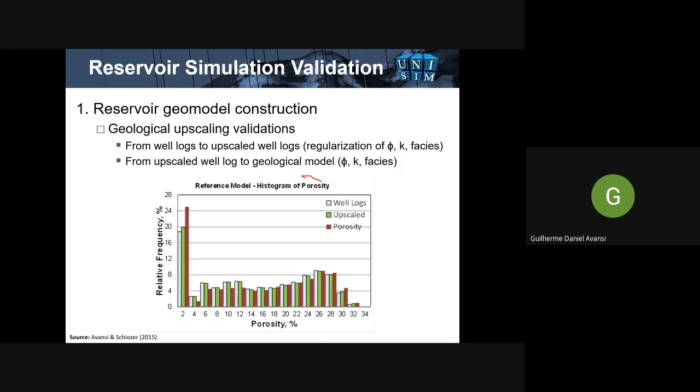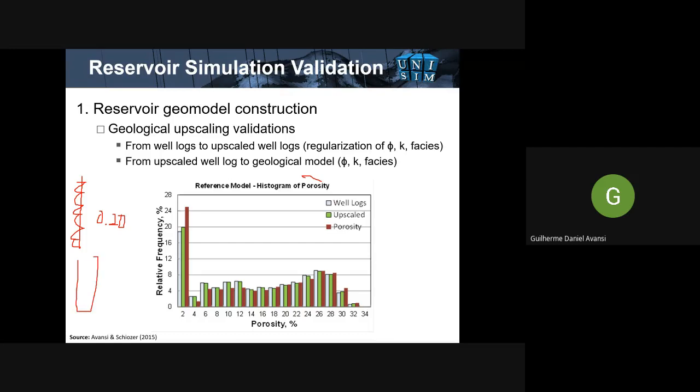And after these well logs, I create my model, that is the upscale model. Just to remember, the grid cell resolution of a well is, in this example, 20 centimeters, right?